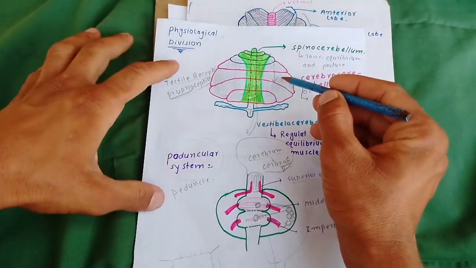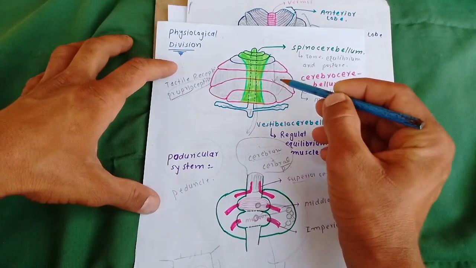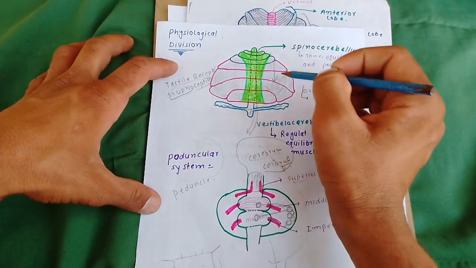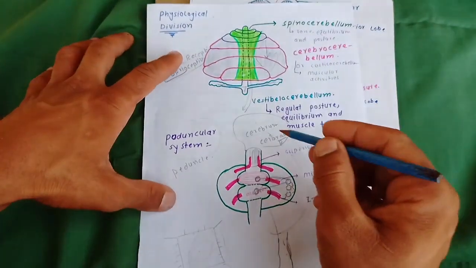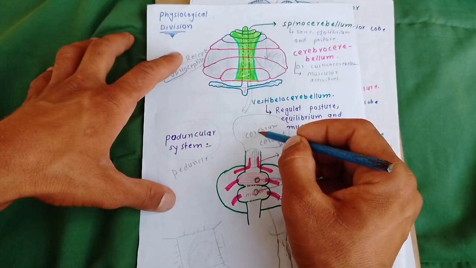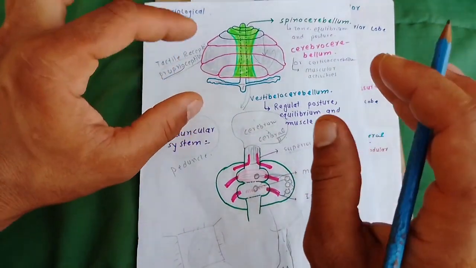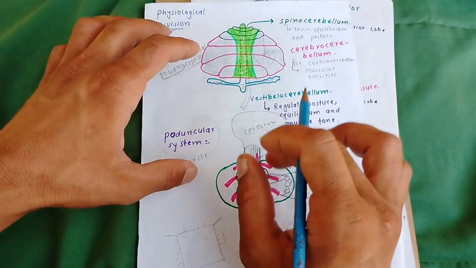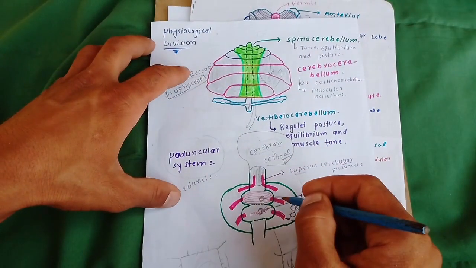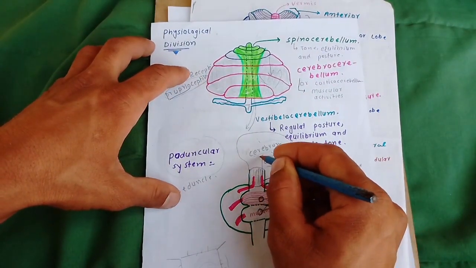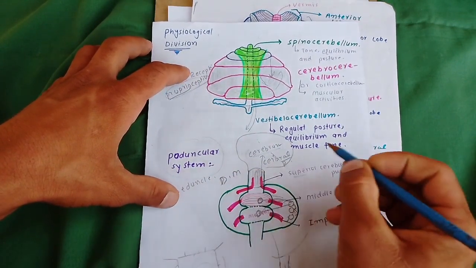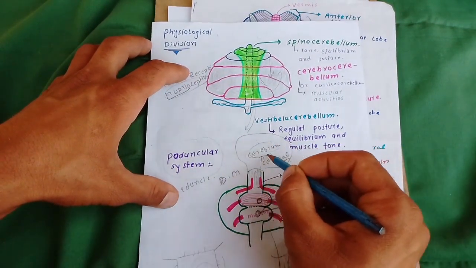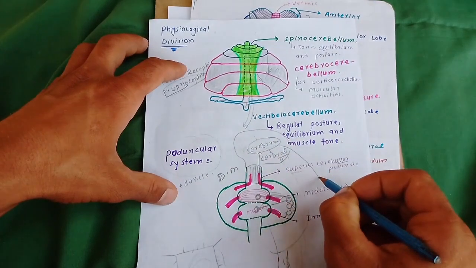Then the message according to the damping, because this area only controls the damping motion, goes toward the cerebrum. This is the damping message, while the cerebrum initiates all types of motor muscular activities.